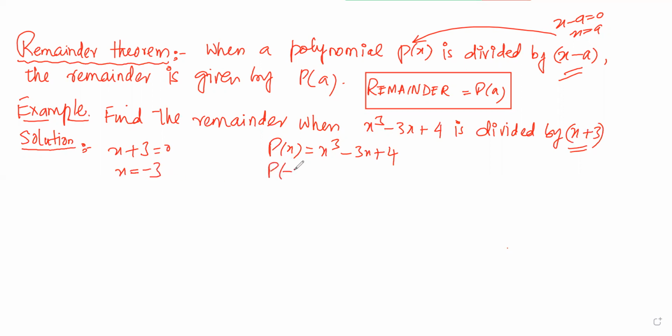Using x equals minus 3 here, minus 27 plus 9 plus 4, and simplification gives you minus 14. This minus 14 is the remainder.